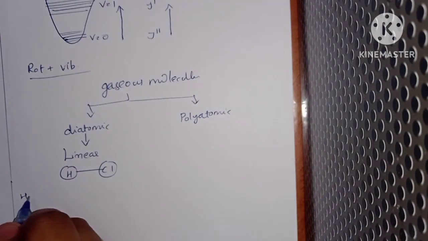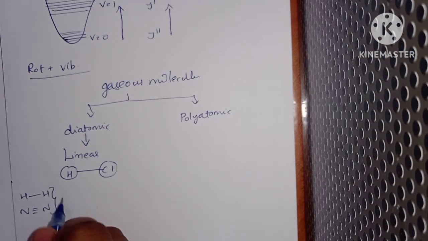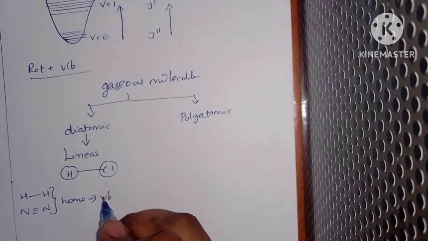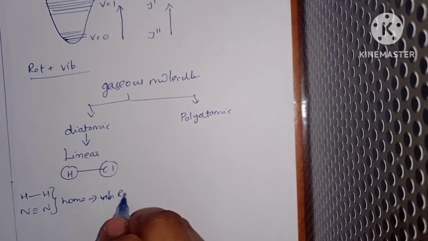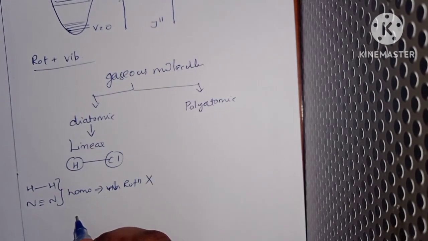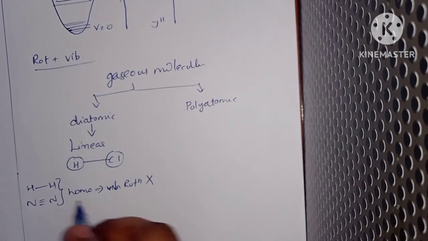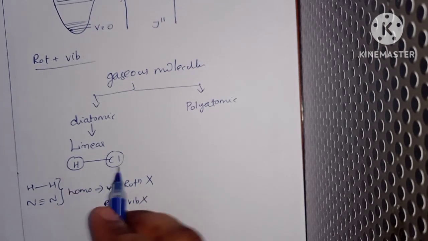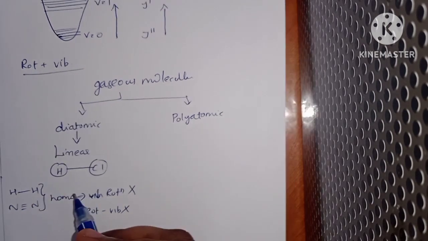Molecules like hydrogen and nitrogen, being homonuclear, will not give a vibrational transition. They will not give a rotational transition because they don't have any permanent dipole moment. That's why they also do not give a rotational vibrational transition. So we are considering a heteronuclear diatomic molecule here.